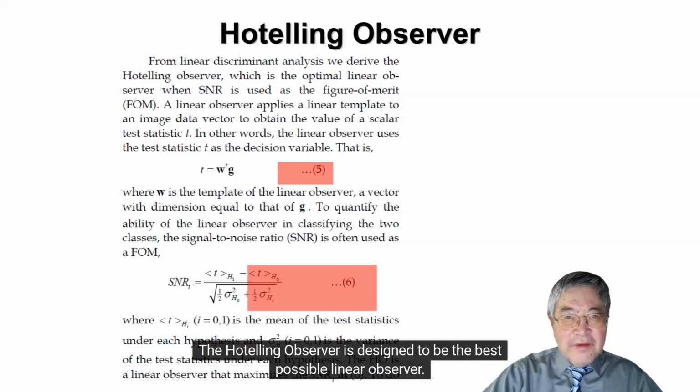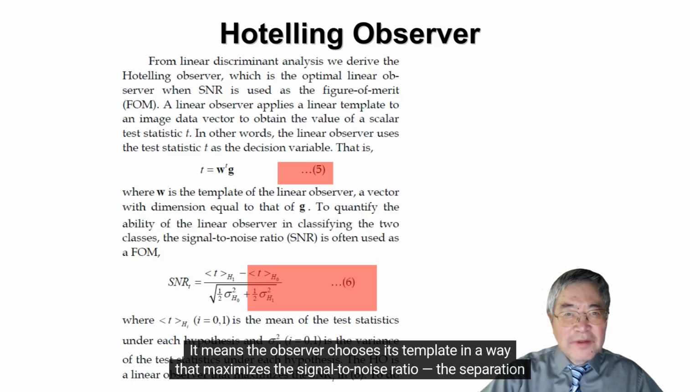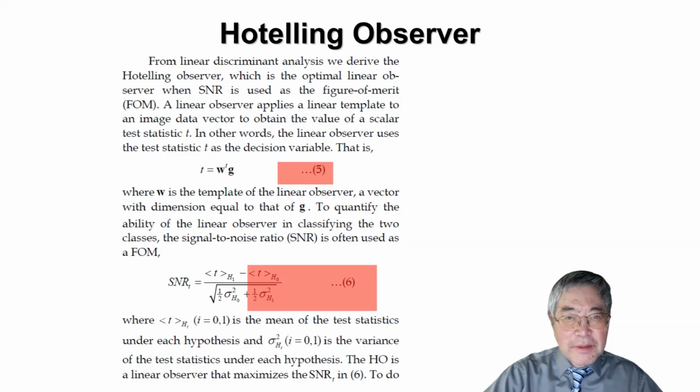The Hotelling observer is designed to be the best possible linear observer. What does best mean here? It means the observer chooses its template in a way that maximizes the signal-to-noise ratio, the separation between the diseased and non-diseased cases. The larger the separation, the easier the decision becomes. This is why the Hotelling observer is so widely studied.